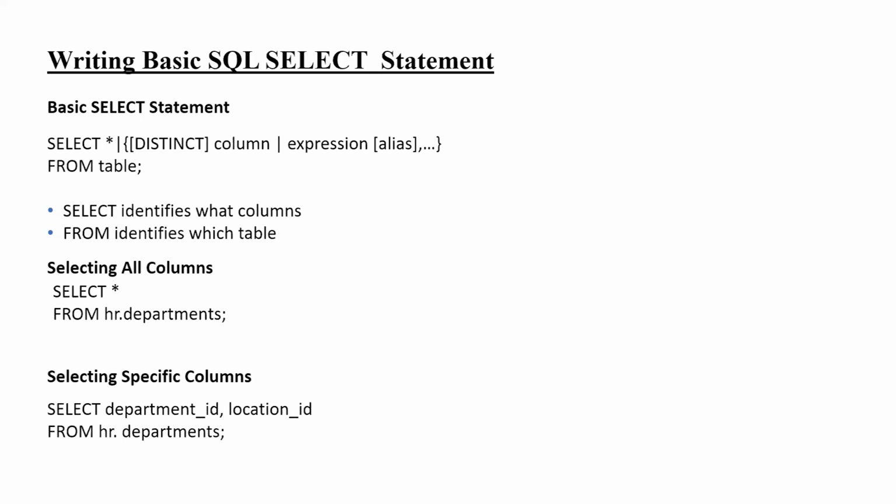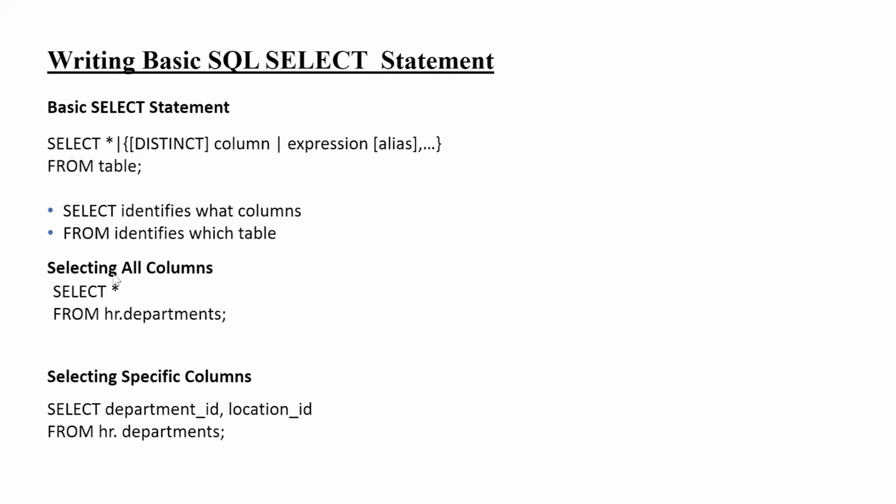For example, if you see here, we have a table. This is a table where my data is stored. I want to show all the columns that we have in our table, right? If I want to show all the columns in our table, we put a star. So star indicates all. Remember this, star indicates all.